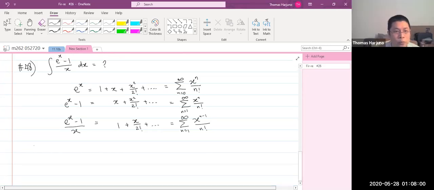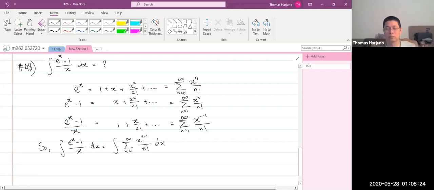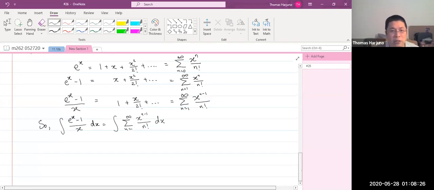Okay, and we can say the integral of e to the x minus 1 over x dx is the integral of this infinite series, which is the series of the integrals.